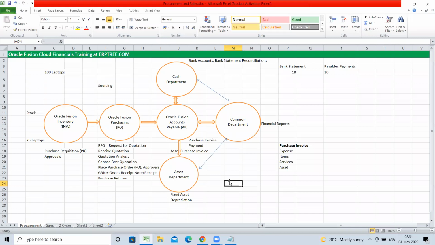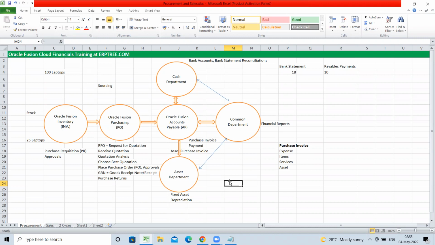By using the Oracle Fusion Accounts Payable application, we can create the purchase invoice and process the payments. Not only this, we can do many other activities also, but we are trying to understand the process flow and the key activities we do in each department or application. For that, you can remember these two points.